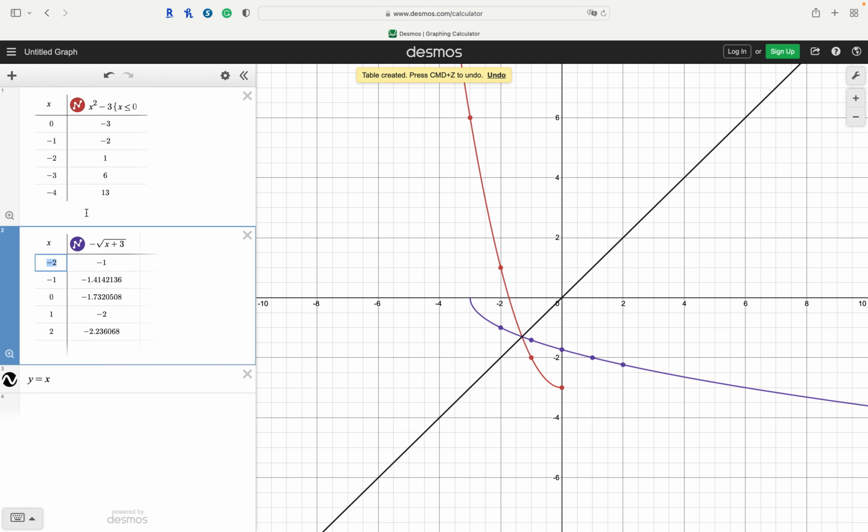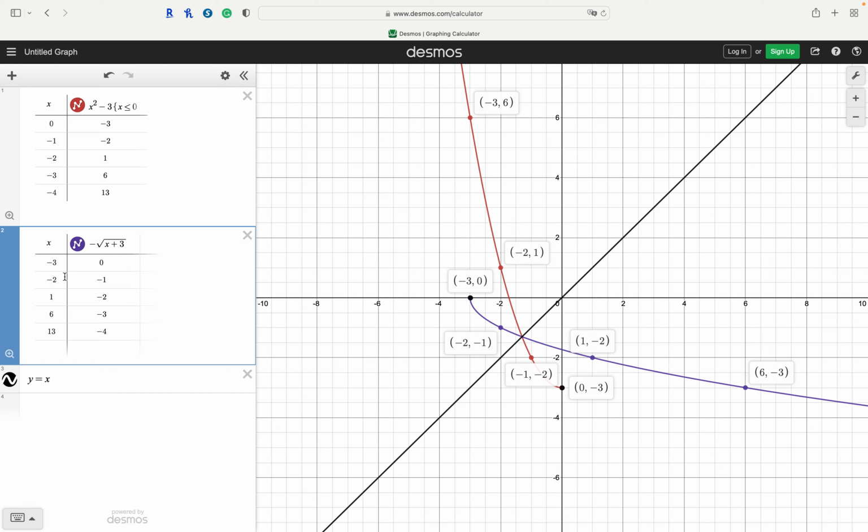And if I switch the ordered pairs, let's say we have negative 3, negative 2, 1, 6, 13, and again you have swapped coordinates throughout. So the one-to-one function that will be the inverse of y equals x squared minus 3 for values of x less than or equal to 0, we have the negative of the square root of x plus 3.